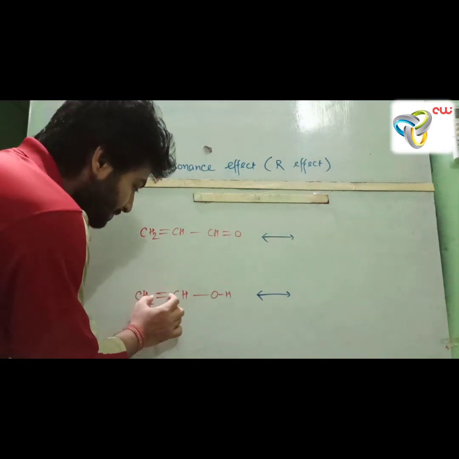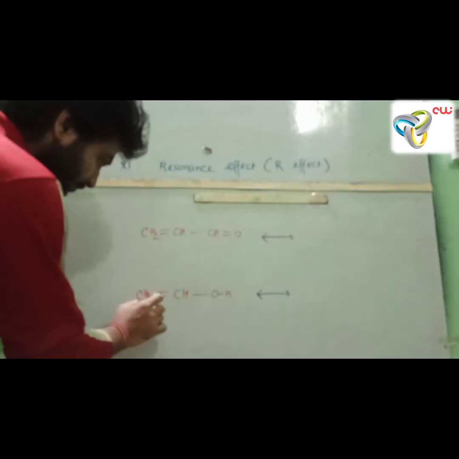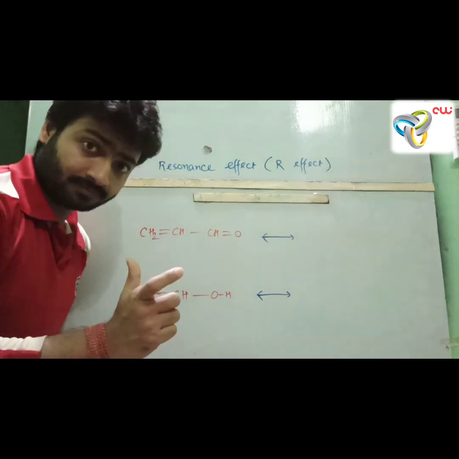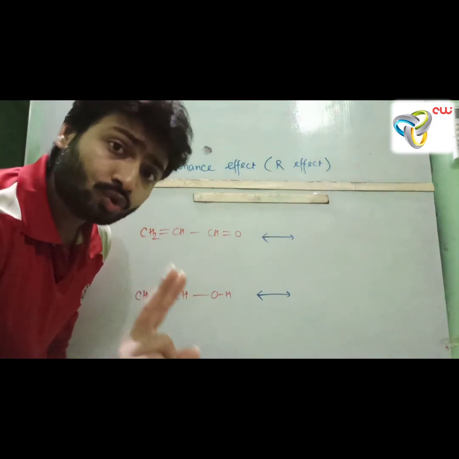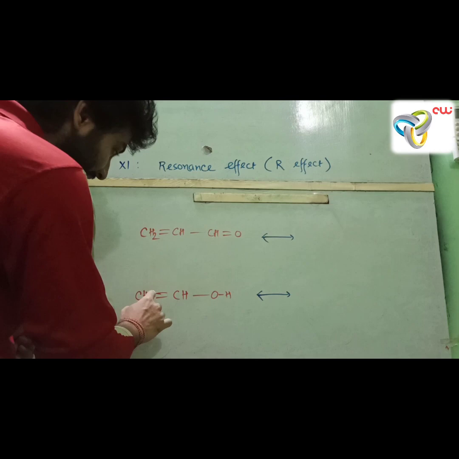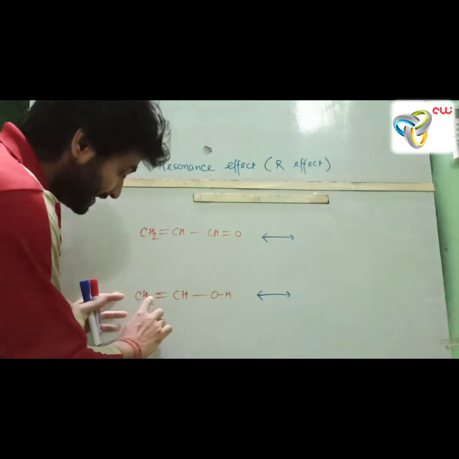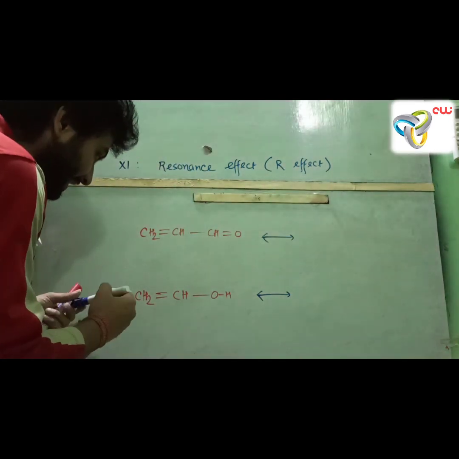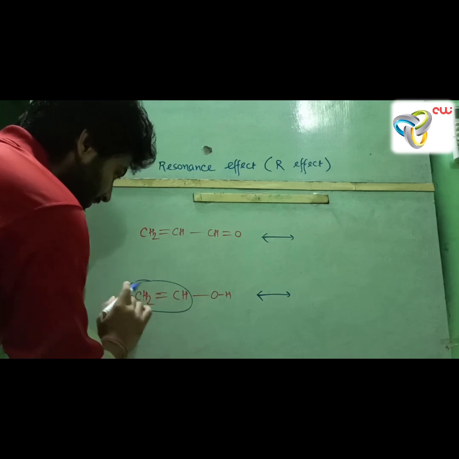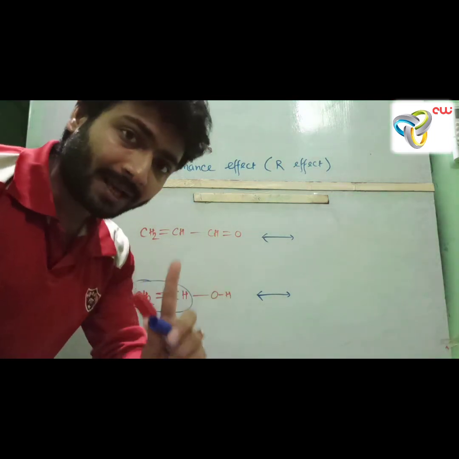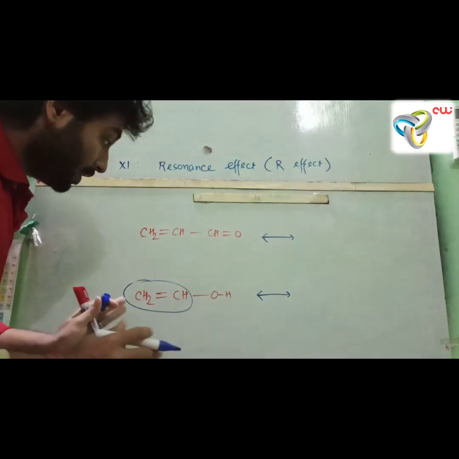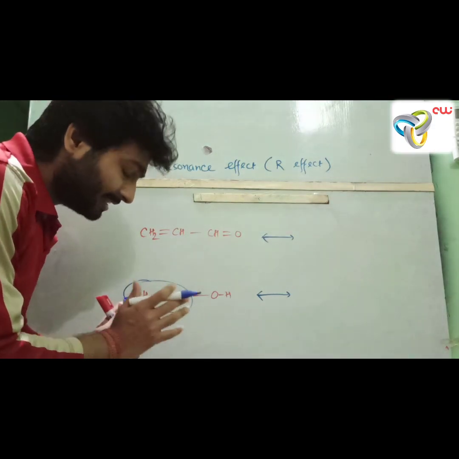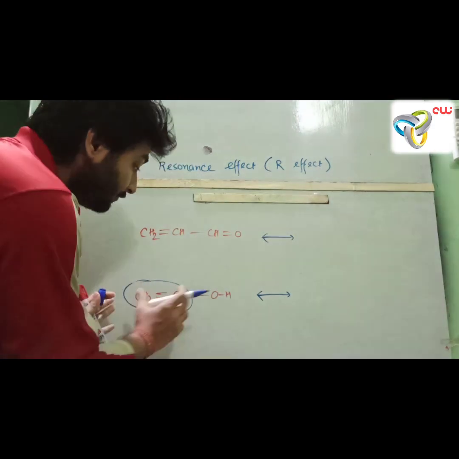This pi bond is attached with two carbon atoms. One pi bond means two electrons. Here two electrons are present in this area. We are just differentiating the electron density of two centers.